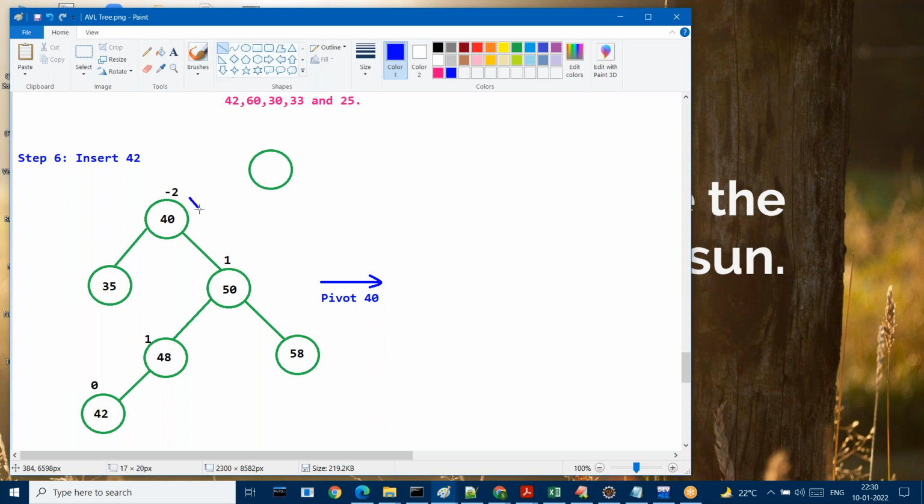Right. So that means pivot's right child. Right child's left subtree, na? Where does the insertion take place? Pivot's right child's left subtree.